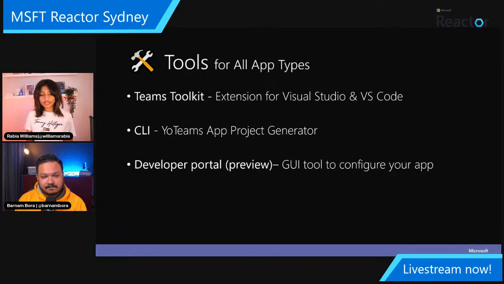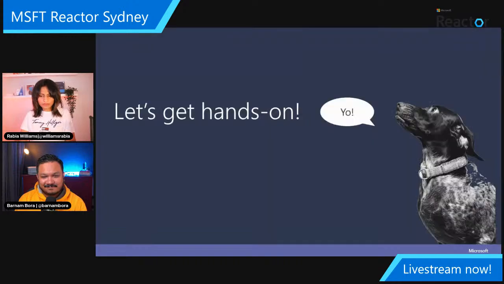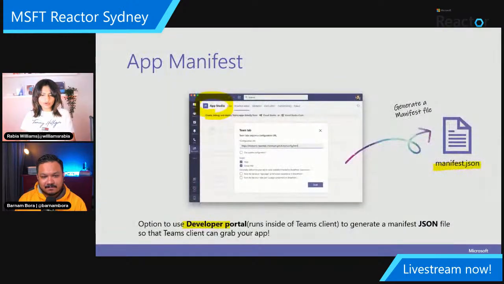You can also create a Teams app using Developer Portal, which is a UI-based Teams portal that you can go to and create apps. What it does is create the manifest. So I have to explain what a manifest is. Before I jump into the demo, I'll explain quickly in a few seconds.